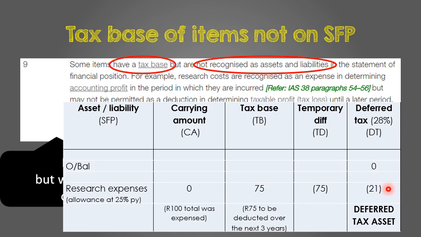That makes sense because in future we are going to be able to have these deductions make our accounting profit less to get to our taxable income, whereas for accounting purposes we took the full hit in year one. So over the 4 years, the tax and the accounting treatment is actually the same. However, there's a timing difference. In year one, for accounting purposes, we deduct 100%. For tax purposes, we deduct 25% per year.